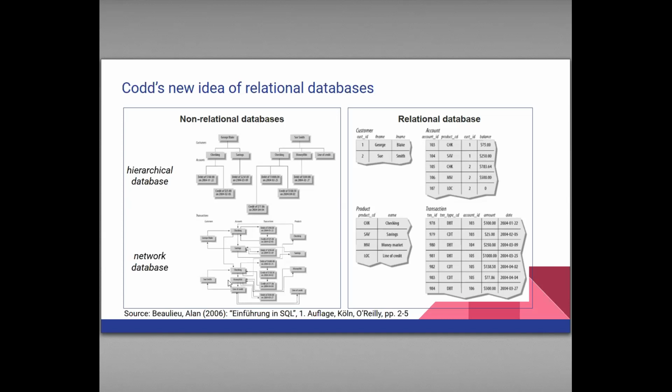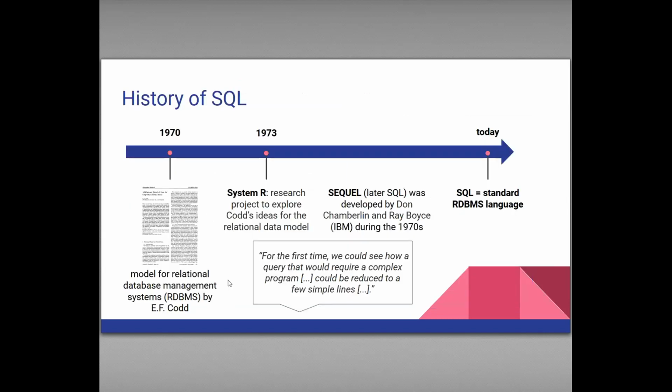The top tables are related to each other by the customer ID. They both have one column with the same information, which relates both tables to each other. So we have, so to say, redundant data, but this is also true for the product and transaction tables. The product table is related to the account table by the product ID, and the same for transaction with the account ID. So now hopefully you have an idea how a relational database looks, and we can go back to the history.